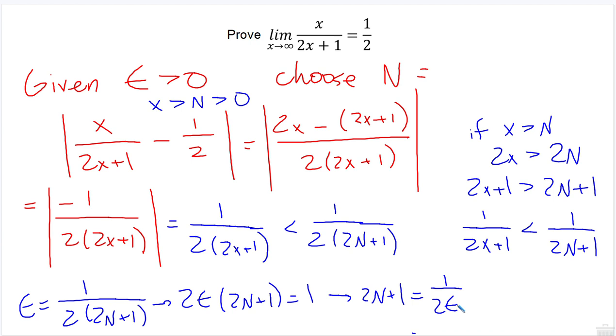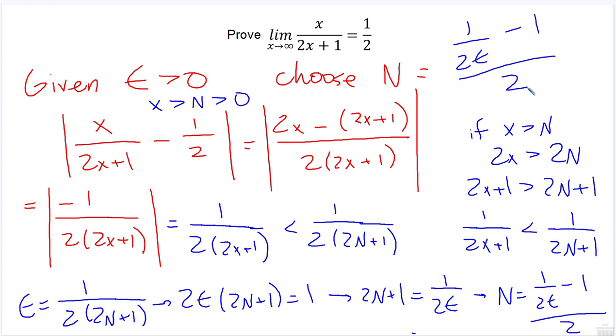And then from there, we'll subtract 1 and divide by 2. So we end up with n is equal to 1 over 2 epsilon minus 1 all over 2. What a mess, right? We could get a common denominator and simplify it if we wanted to, but we're doing the inelegant way anyway, so why bother?